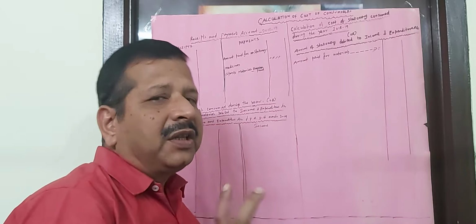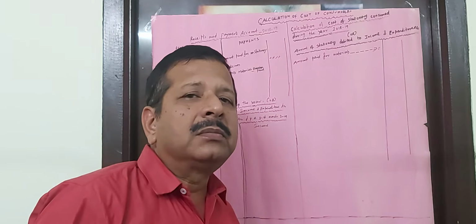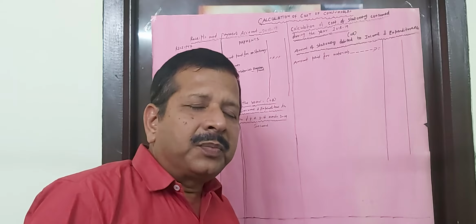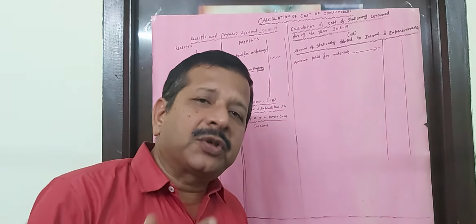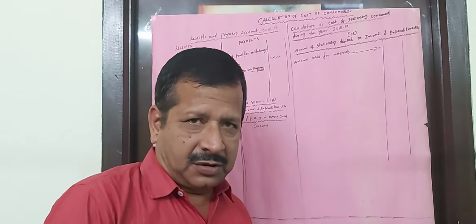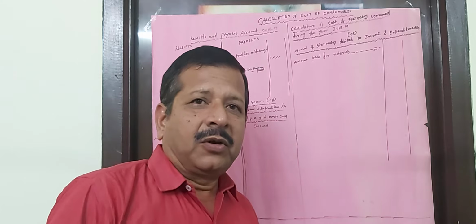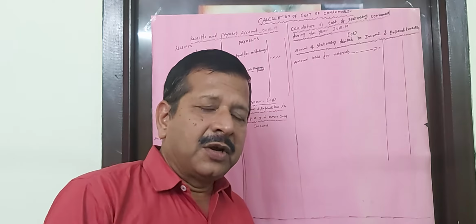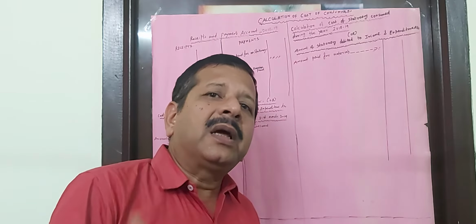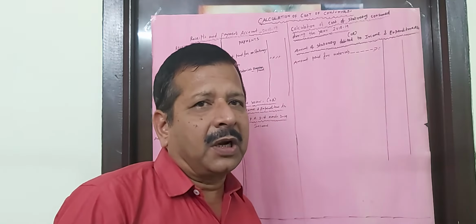Two important things you should know before going to the full-fledged problem, that is, preparation of income and expenditure account from the receipts and payment account. In the board examination, questions will be asked to prepare the income and expenditure account from the receipts and payment account.